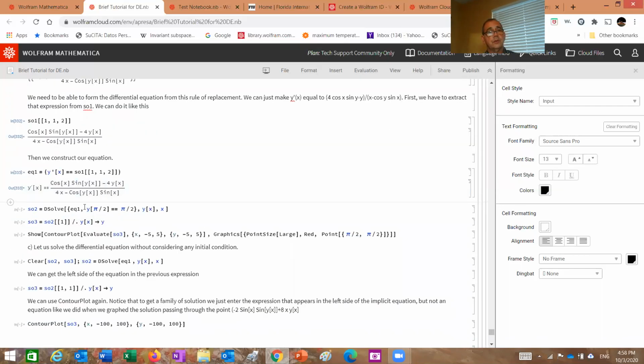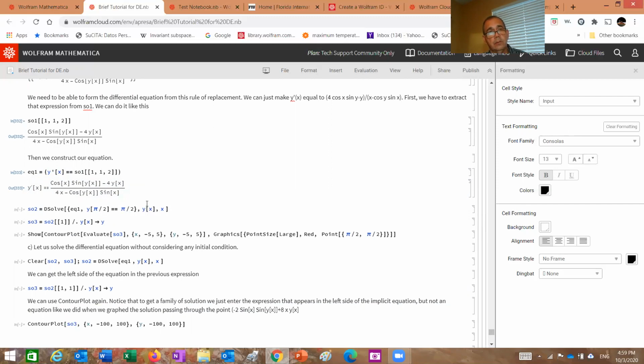Now we are going to solve the initial value problem formed by this equation and the initial condition y of pi over 2 is equal to pi over 2. And we're going to get a rule that is going to give you the expression of the solutions.